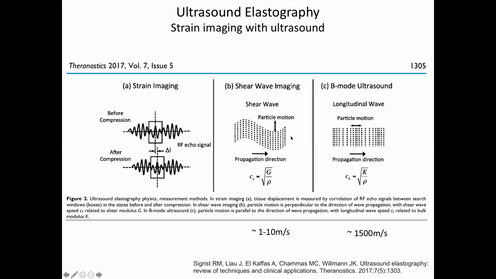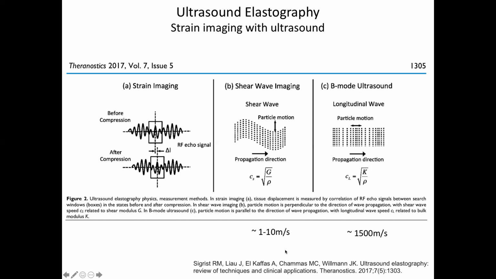And so a shear wave has a certain propagation speed, and it's proportional to the shear modulus of that material and to 1 over the density. So it's how tightly connected it is for doing that deformation, right?